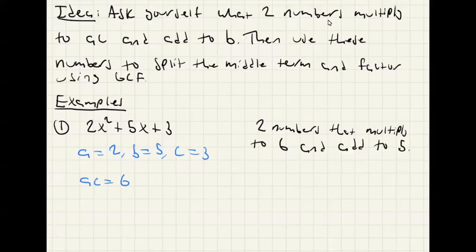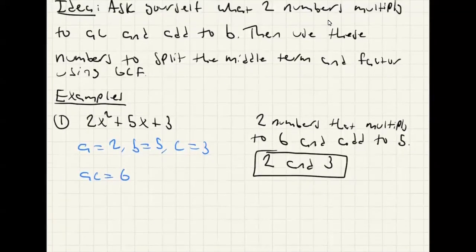Well, in this case, it's kind of nice. It's just 2 and 3. 2 times 3 is 6, and 2 plus 3 is 5. So here's what we do with that. We rewrite 2x squared plus 5x plus 3. So we're going to split this 5x using these two numbers, 2 and 3.